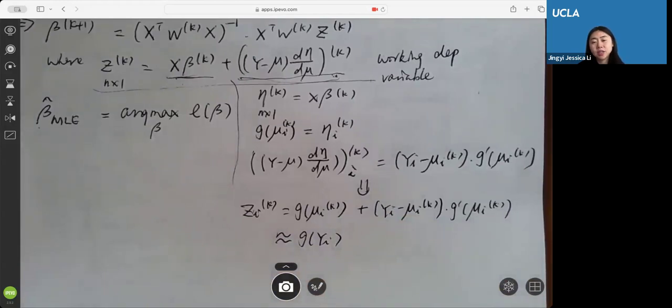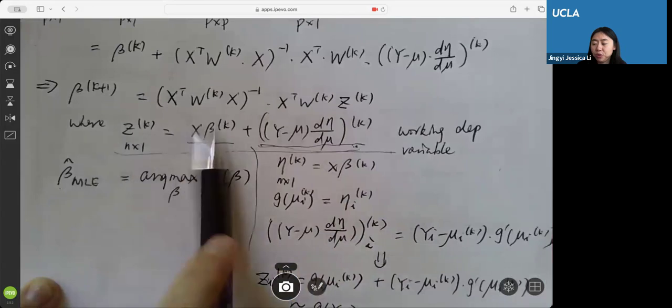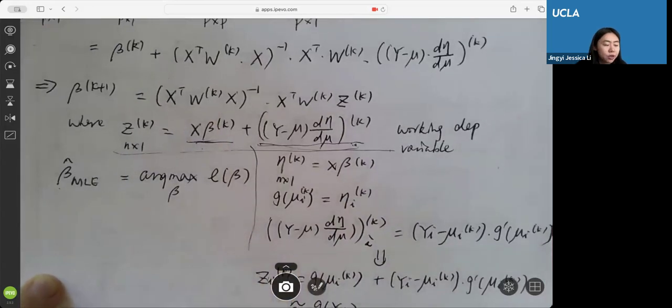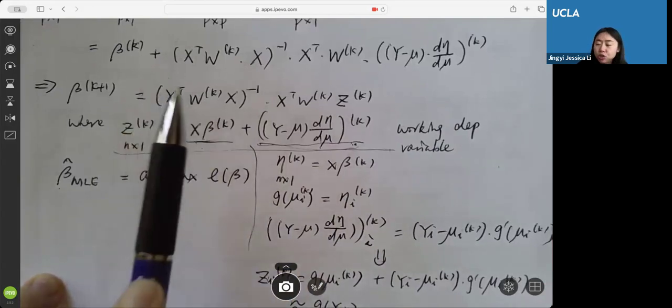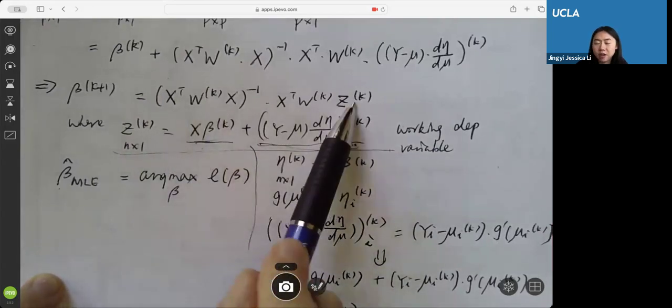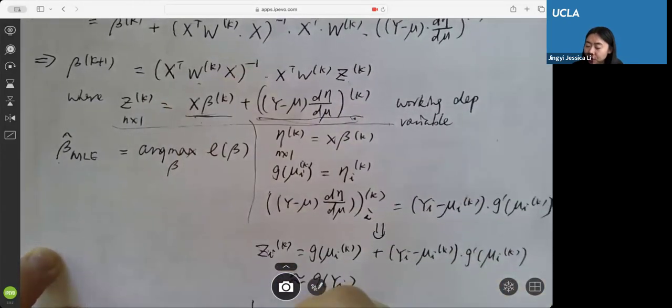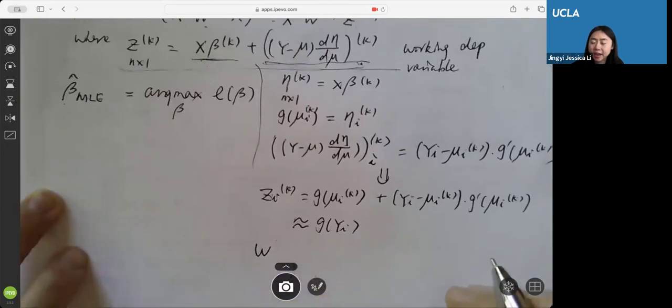So essentially, we're doing this Taylor expansion to create a working dependent variable which approximates the transformed response, g of yi. That's the new response in each iteration. The Wk serves the purpose as in weighted least squares. Basically, the weight for each response is 1 over the response variance. So Wk is a diagonal matrix, right?